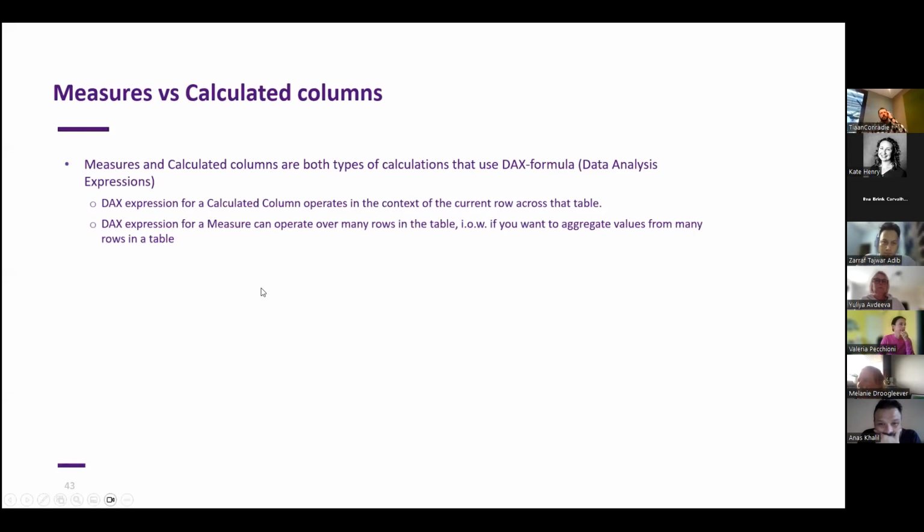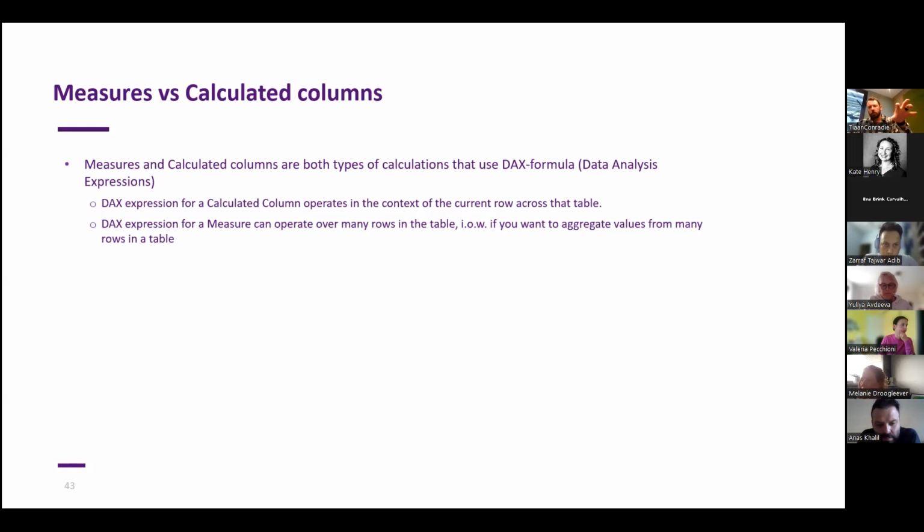So measures and calculated columns are both calculations that we do using a DAX formula, and that is a data analysis expression. If you followed through the Power Query steps, you would remember that when we calculated the cost per hour for our test, we wrote a little formula for that.